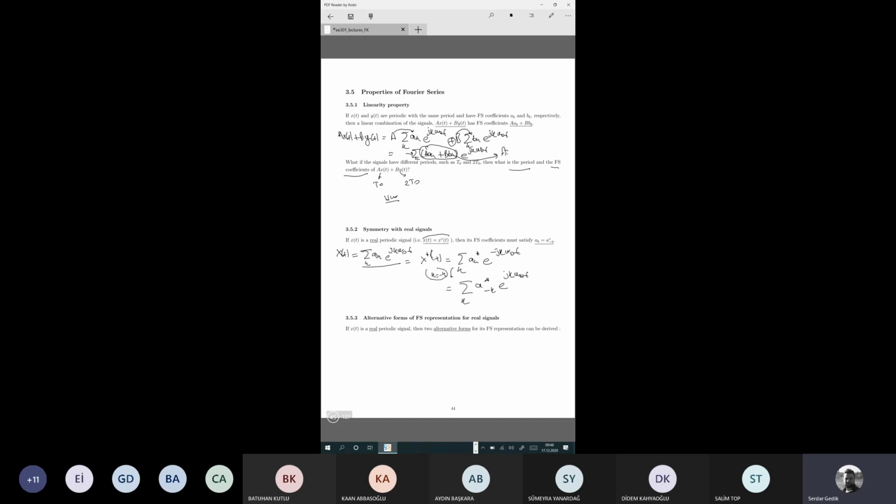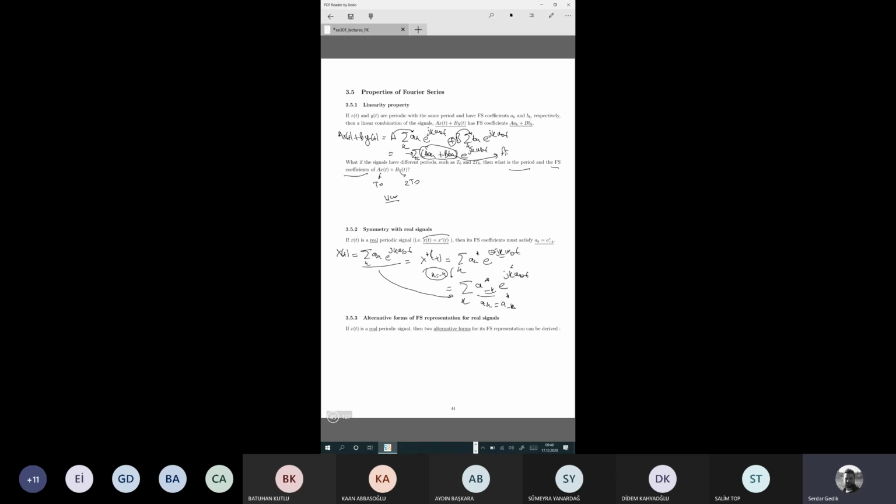While doing this, I put minus k instead of k, so the minus k changed to k, and the plus k changed to minus k. When you compare those two, they are equal since x(t) is real, so a_k is equal to the conjugate of a_{-k} for a real signal. Easy to show, easy to prove.